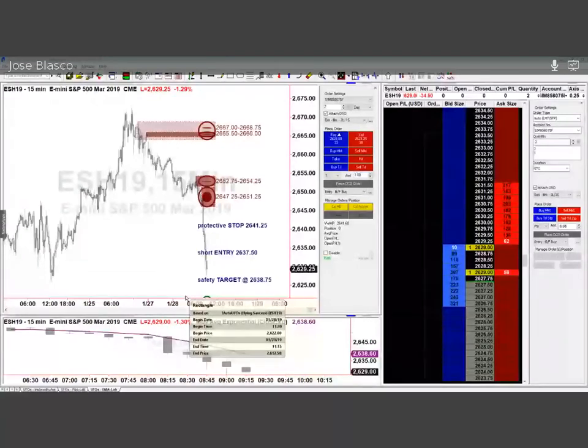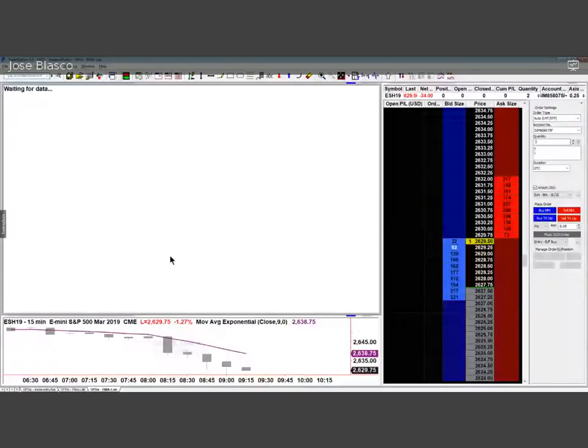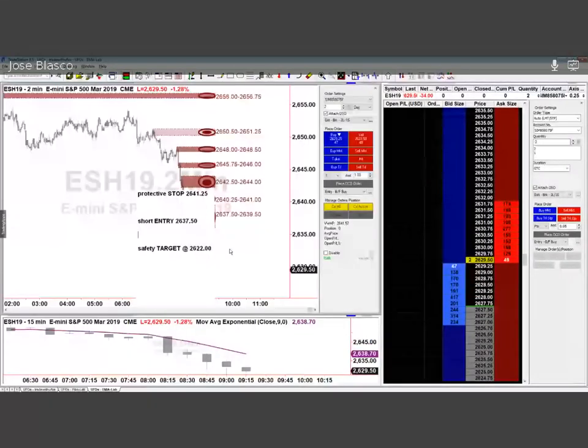Okay, so my final target will be 26.22. Okay, final target. This could be a very nice trade actually. Sorry, that's not the safety target. The safety target needs to be calculated. Okay, the final one would be 26.22.